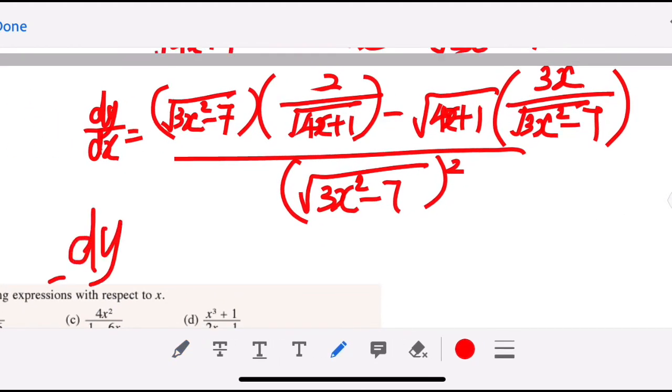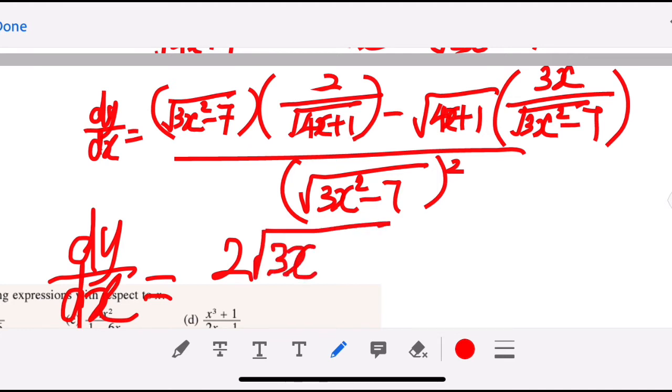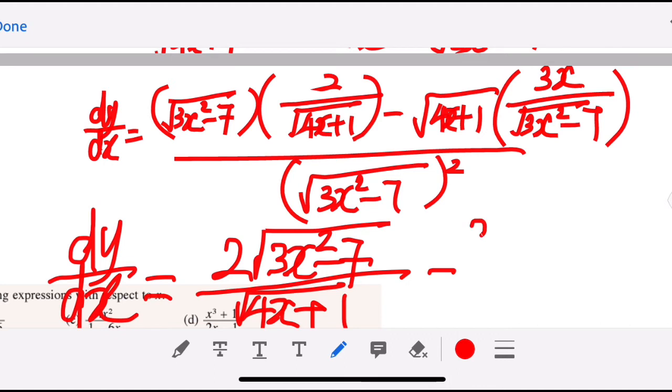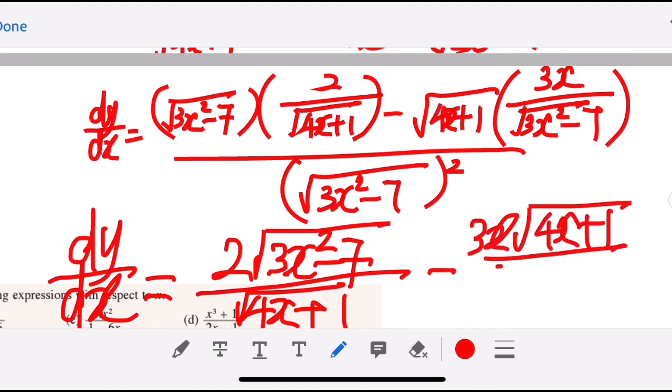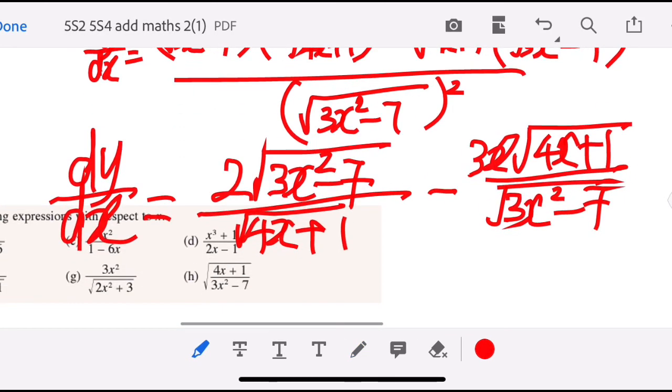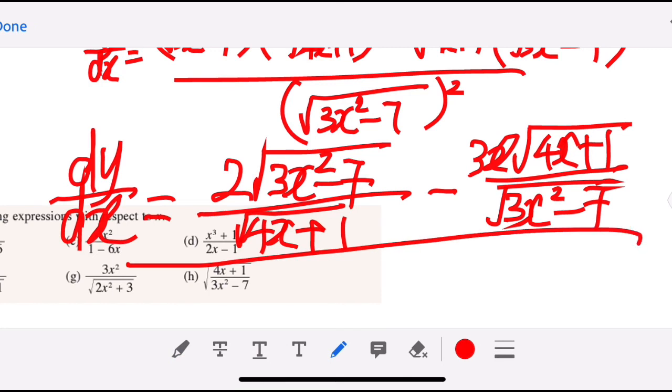So dy/dx is equal to, we write in fraction first, 2 times the square root of 3x squared minus 7 over the square root of 4x plus 1, minus 3x times the square root of 4x plus 1 over the square root of 3x squared minus 7, and we divide by 3x squared minus 7. The square and square root cancel out.